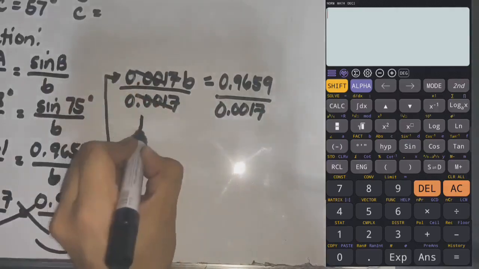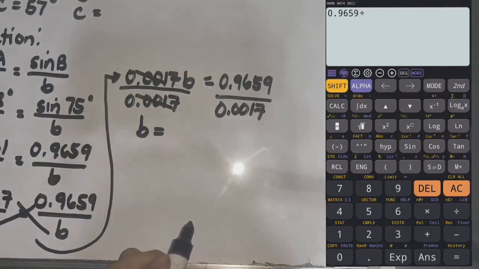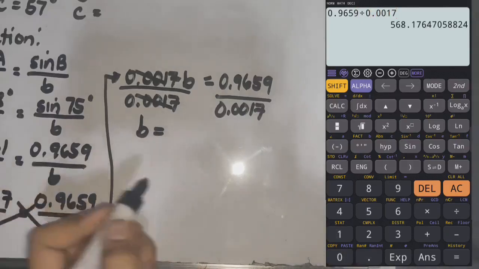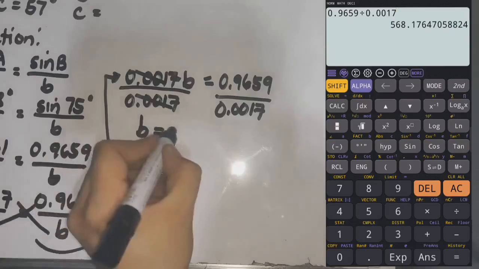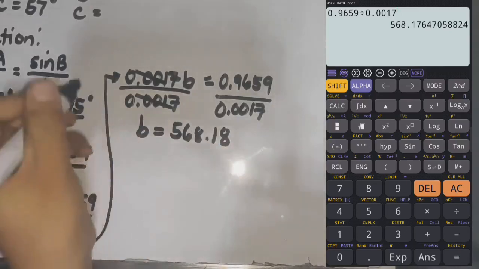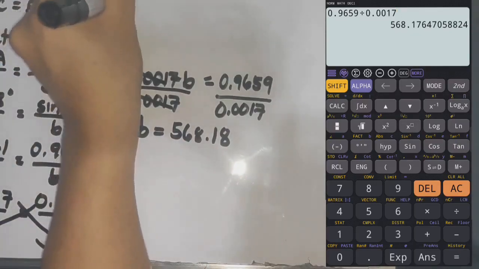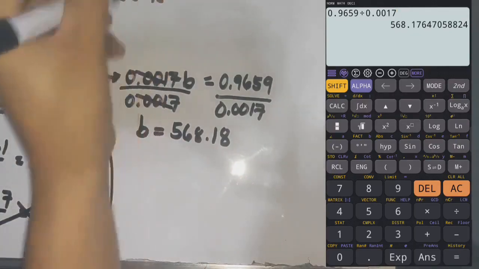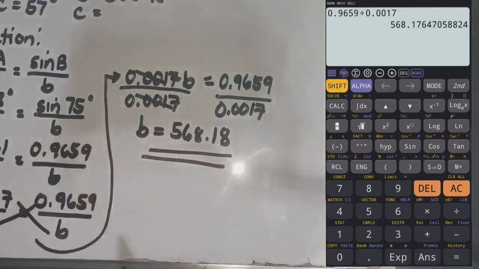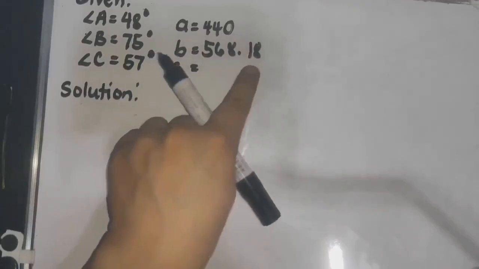So, matitira na lang ay B. So, 0.9659 divided by 0.0017, your answer will be, or the value of side B is 568.18. So, yun yung value ng B natin, 568.18. Kaya ang value ng side B natin is 568.18.